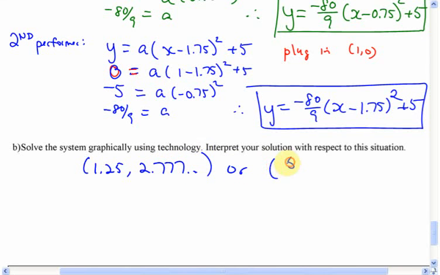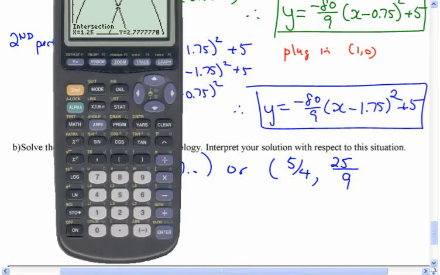Or you can say 5 over 4. 2 and 7/8, that's 7.9... I think that's 25 over 9. Let's just double check. 25 divided by 9.